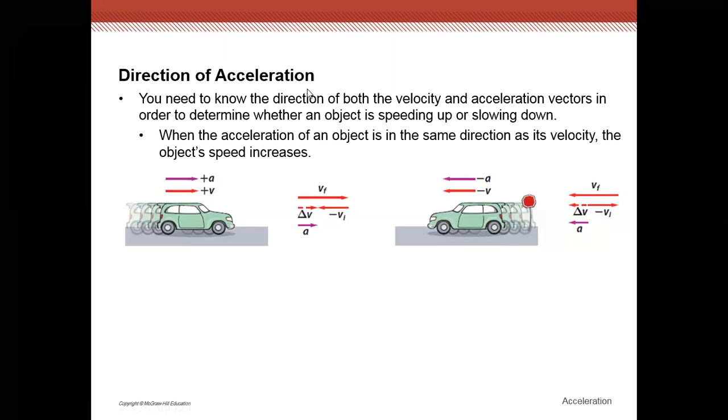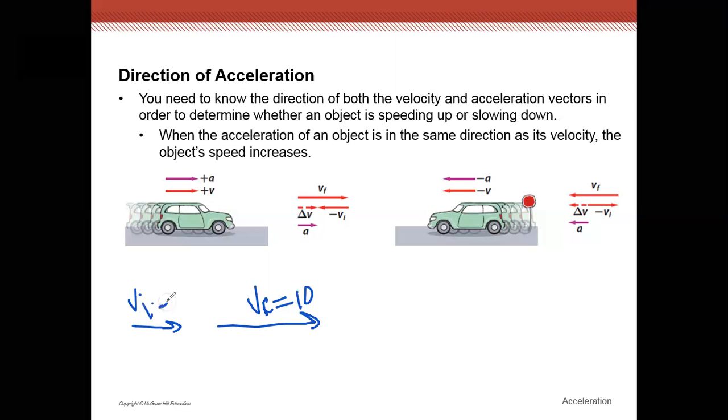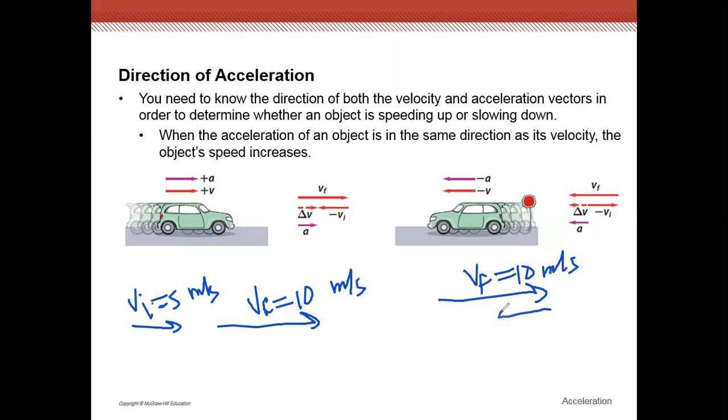And by numbers, if I say Vf is equal to 10 meters per second, and Vi is equal to 5 meters per second, what you have to do is keep Vf in the same direction, this Vf 10 meters per second. And you have to find Vi, which will be in this case minus 5 meters per second.